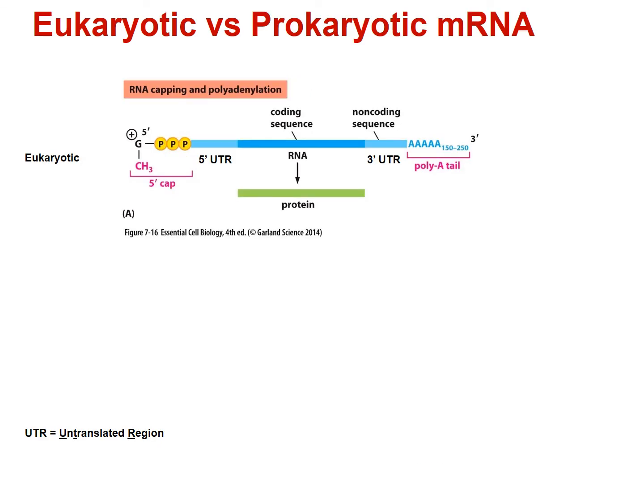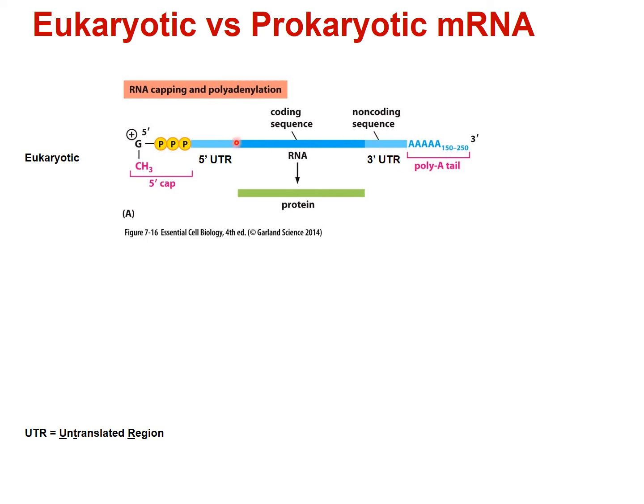Summarizing what has happened in eukaryotic and prokaryotic mRNAs and what they look like. Here's our eukaryotic messenger RNA. It has this 5' cap. There are also regions we didn't talk about, called untranslated regions. If they're located on the 5' end, they're called 5' untranslated regions. If they're located at the 3' end, you guessed it, they're called 3' untranslated regions.